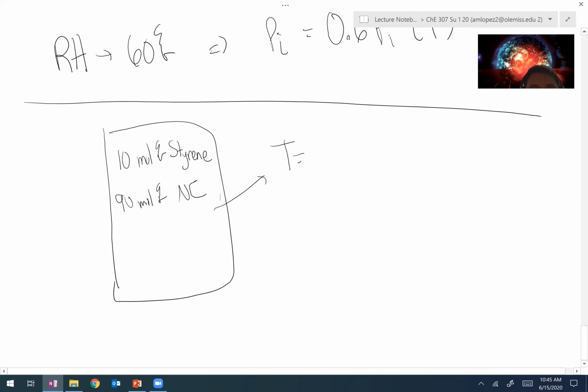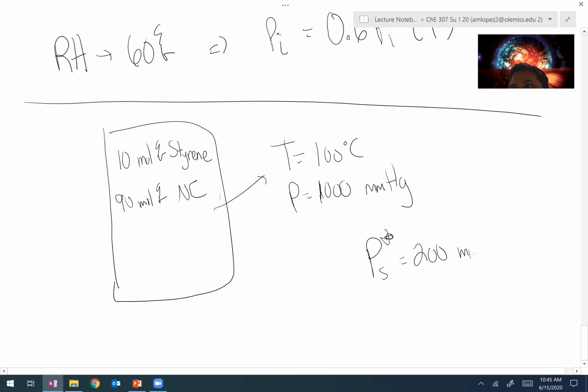The temperature, what did I have? 100 degrees C. And the pressure is 1,000 millimeters of mercury. And I said that the vapor pressure of styrene is 200 millimeters of mercury at 100 degrees C.